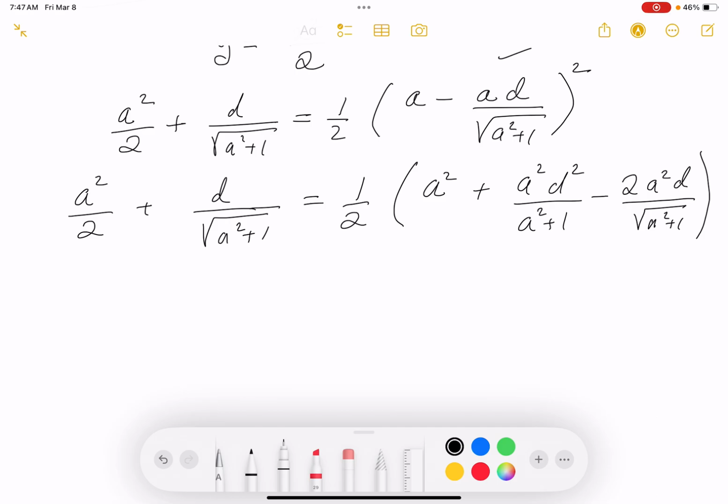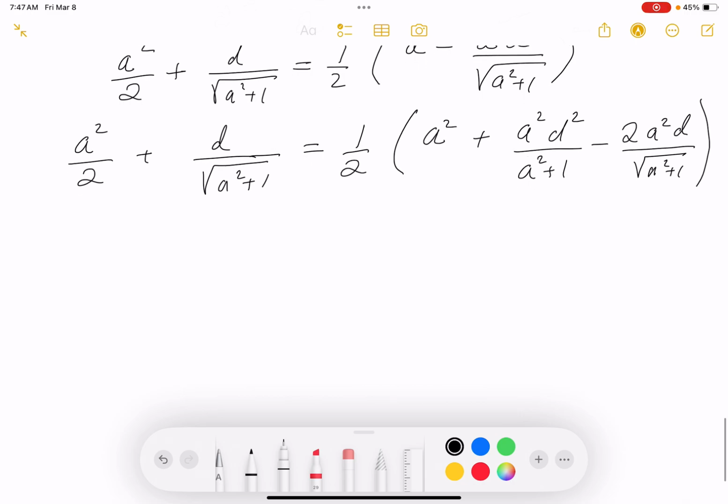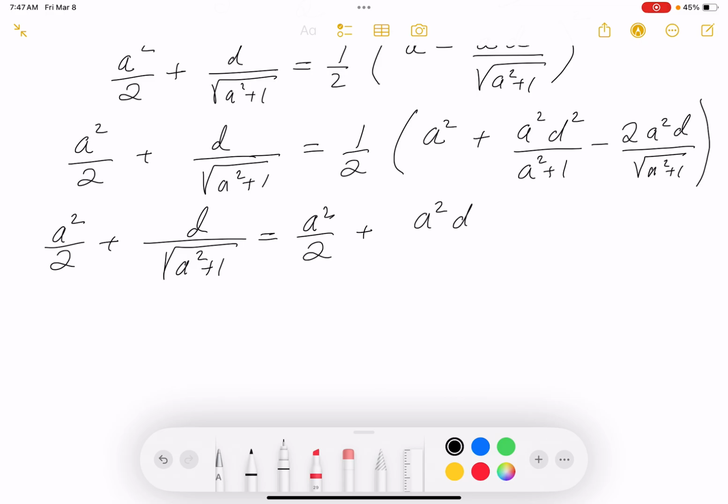I'm going to distribute the 2 across those 3 terms. So you get a squared over 2 plus d a squared plus 1. This is going to be a squared over 2 plus a squared d squared over 2 times a squared plus 1 minus a squared d. Again, I multiplied by half. That's why the 2 canceled. The root of a squared plus 1.